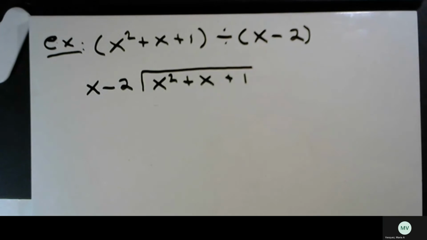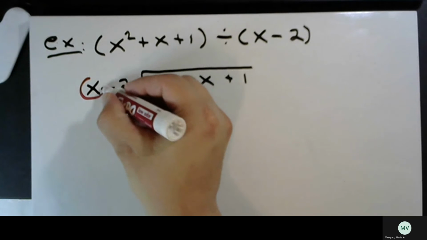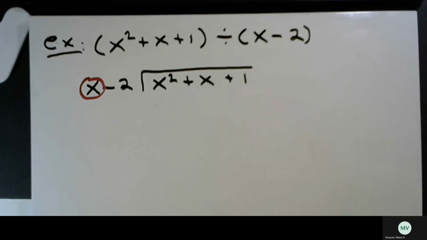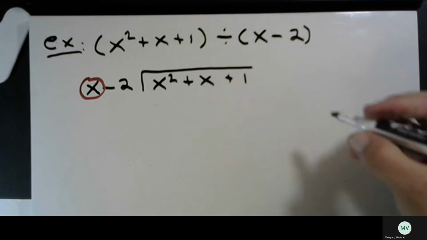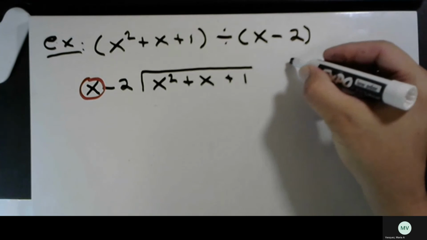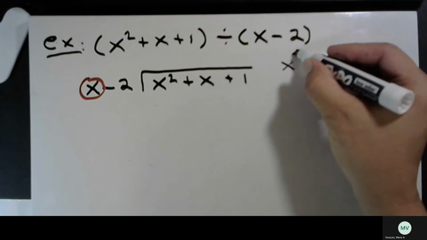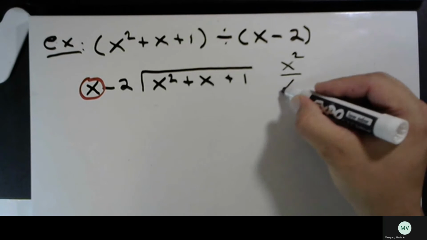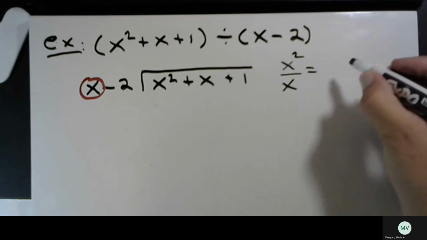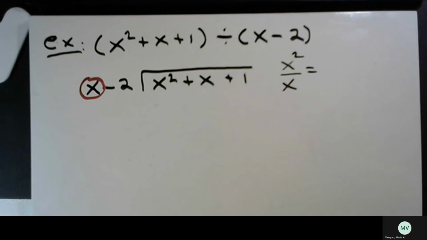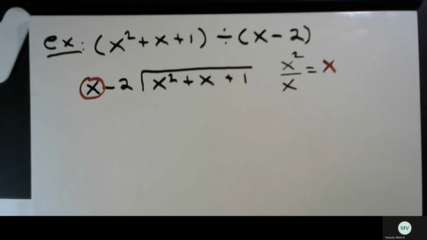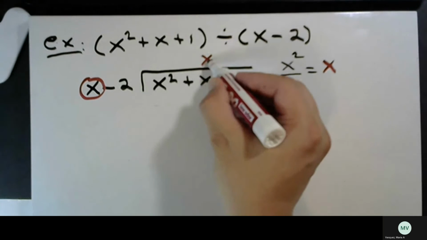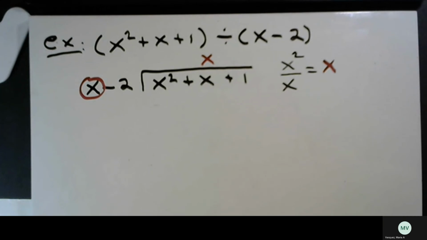And we're going to do the exact same thing. That's going to be doing all the work. And then we work with these first terms to start out. X squared divided by x, and that's going to give us just x. So that x is what goes up there.